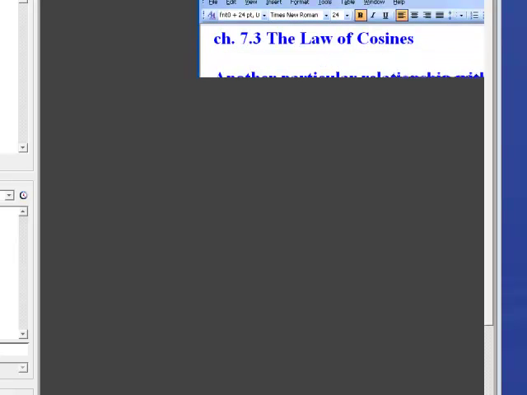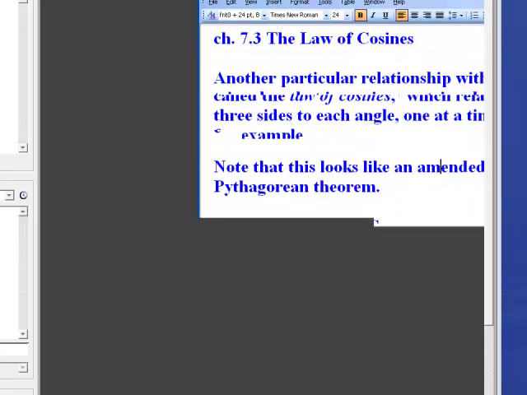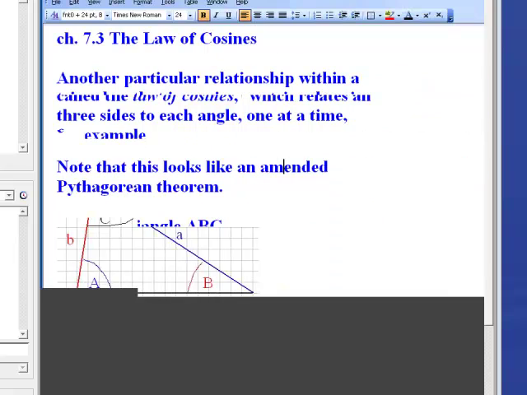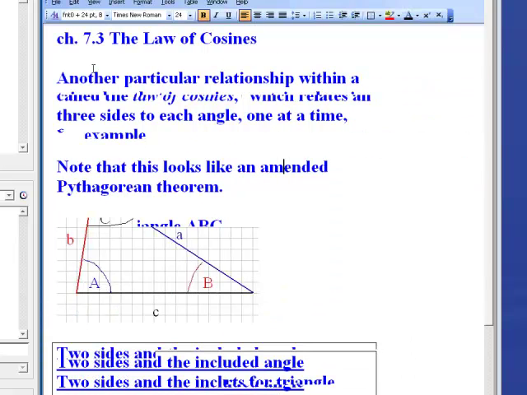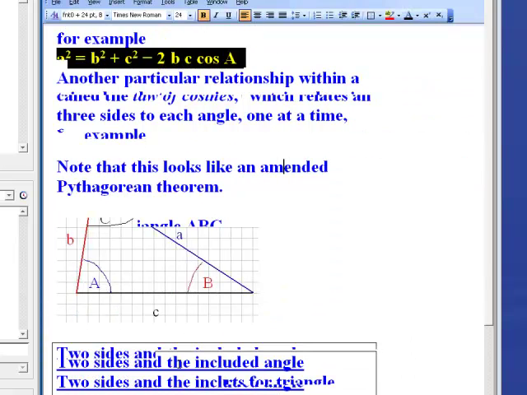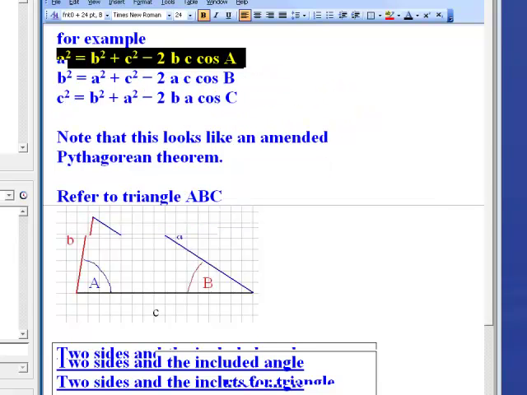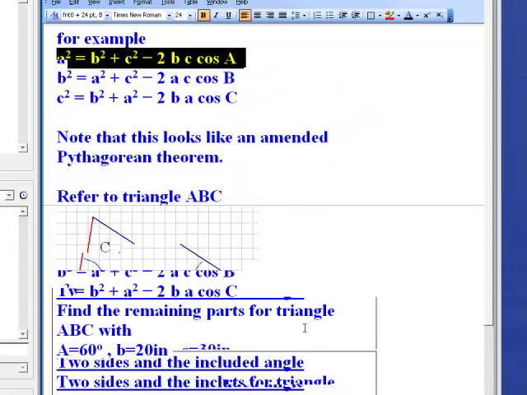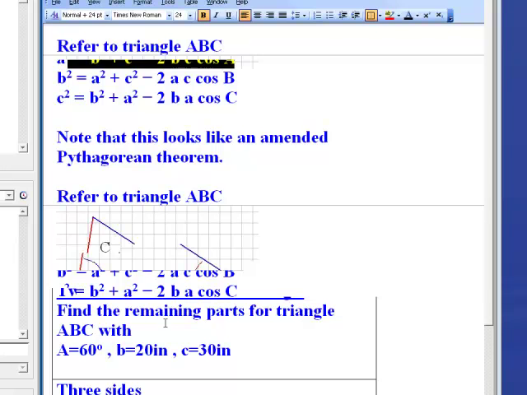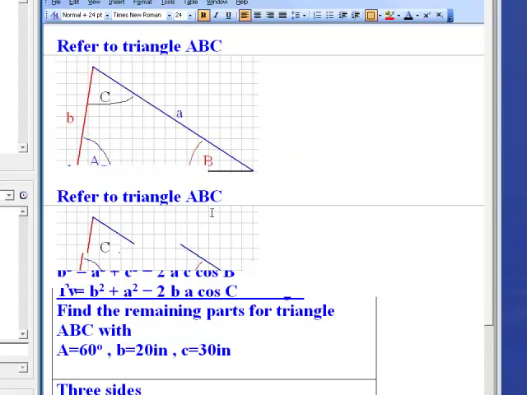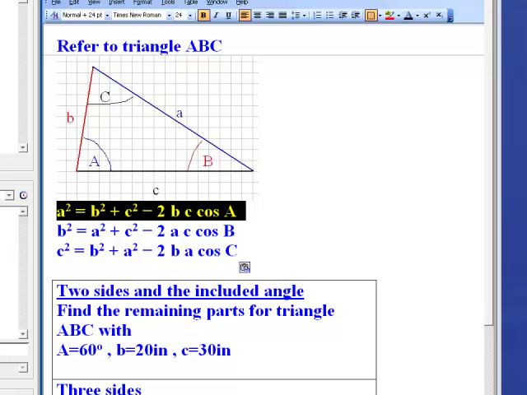A couple of examples. When we look at these, I'm going to pull these down and see which one we need. Out of these four, three of them would have to be given.